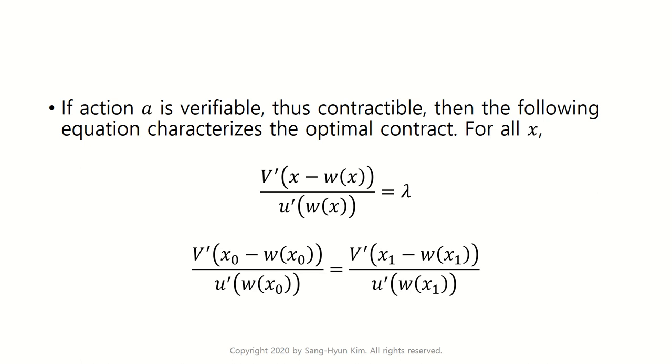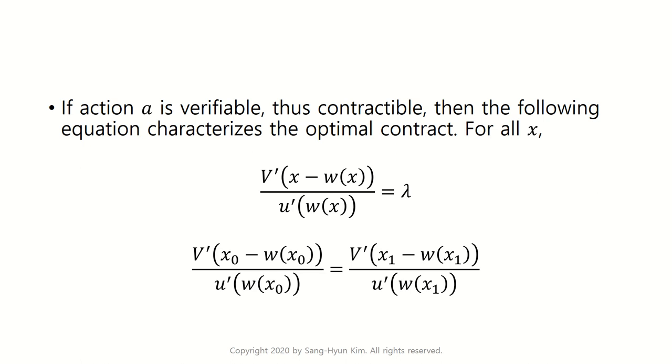That's how you increase the overall utility, right? So at the optimum, the marginal utilities of these two people don't have to be the same, but they have to be in some fixed ratio. That's what these equations mean.